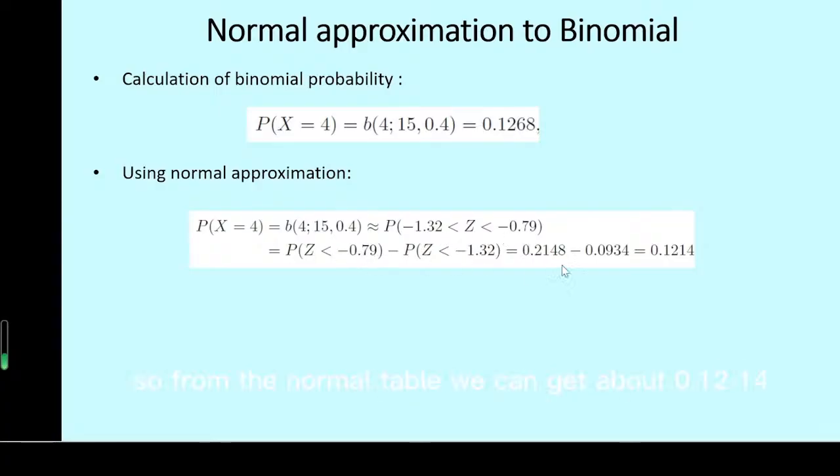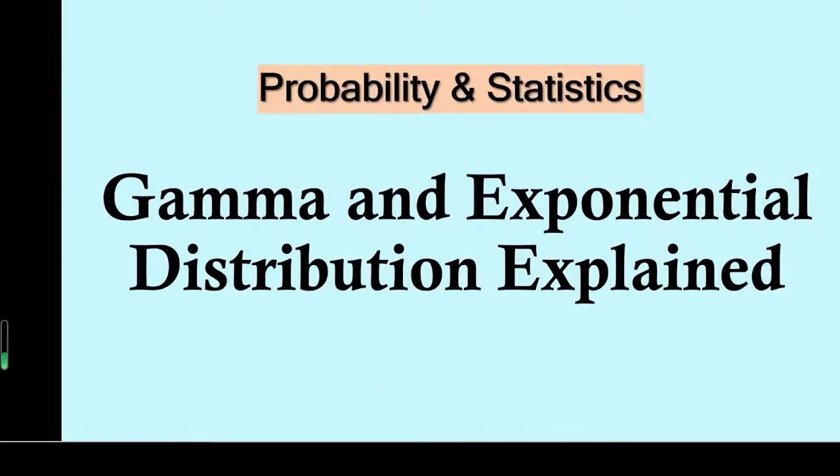From the normal table, we get about 0.1214. So this value is quite close, lower by about 2%, right?